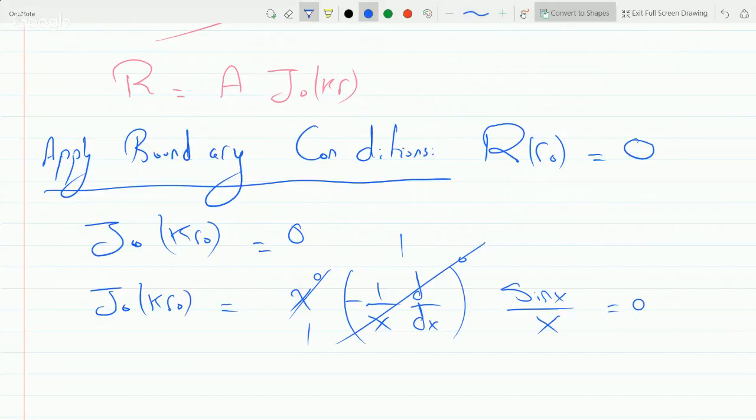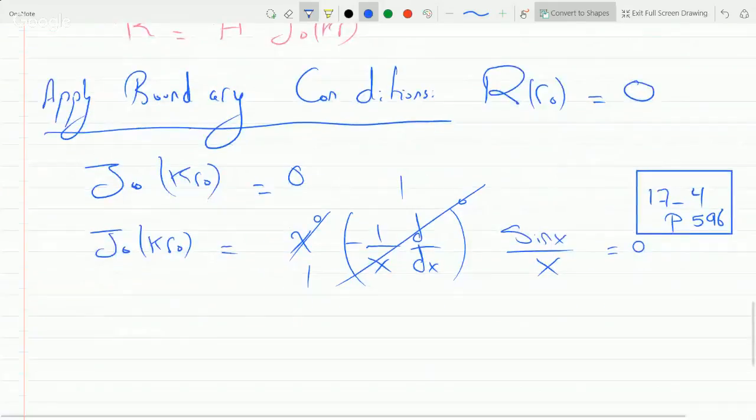And this has to equal 0. This is equation 17.4, page 596. And x is just kR0.